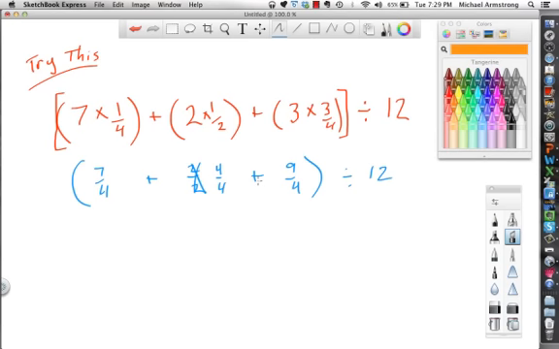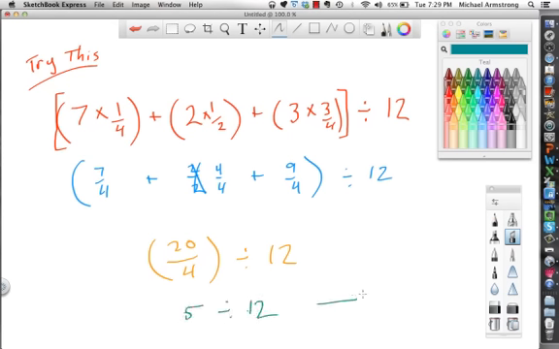7/4 plus 4/4 plus 9/4 is equal to 7, 8, 9, 10, 11, plus 9 is 20/4. That's what I got by adding these together, divided by 12. And I can actually simplify 20/4 pretty easily. 20/4 is the same as 5 divided by 12.